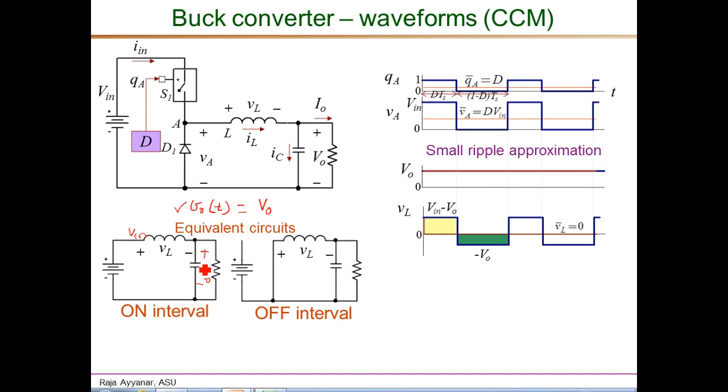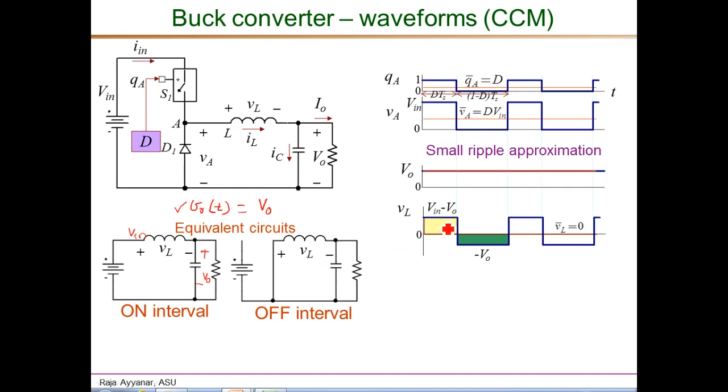We essentially say that the capacitor voltage as shown here is a constant of value V sub O. So therefore VL is a constant DC voltage of magnitude Vin minus VO.